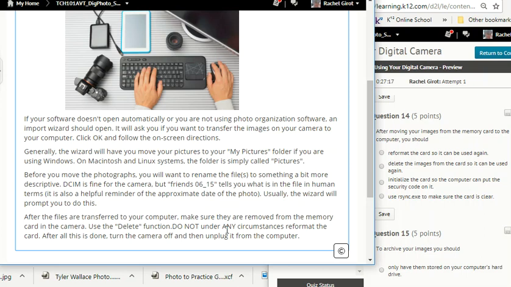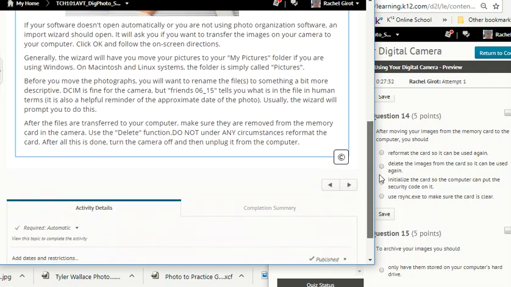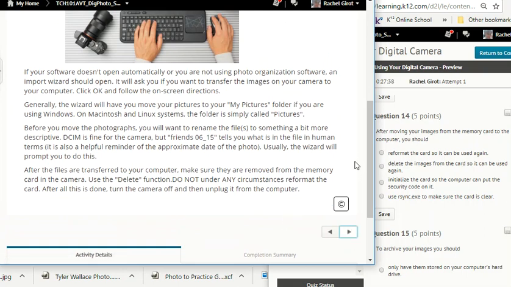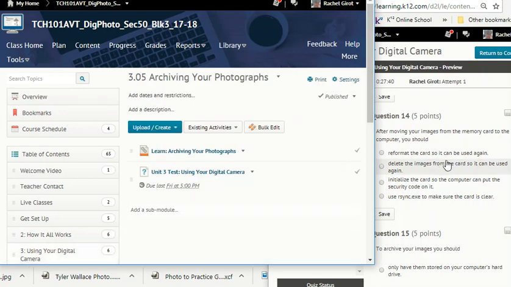Even though I hit delete, it won't take any pictures until I reformat it, which is super easy. You just go and reformat it, like all of your settings, you'll have reformat in there somewhere. So if you run into the same kind of situation that I have on mine, after you delete your pictures, you still might have to reformat it. I don't know if that's just a kink in my camera or if other people's cameras are the same way.